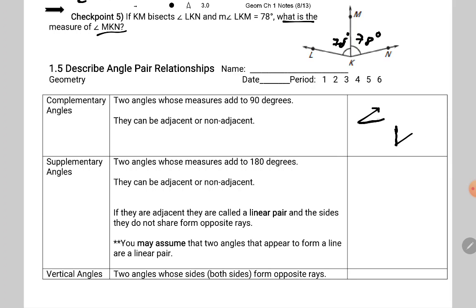So let's say we have angle 1 here and angle 2. Measure of angle 1 plus measure of angle 2 is 90 degrees. Let's say measure of angle 1 is 30. Measure of angle 2 is 60 degrees.